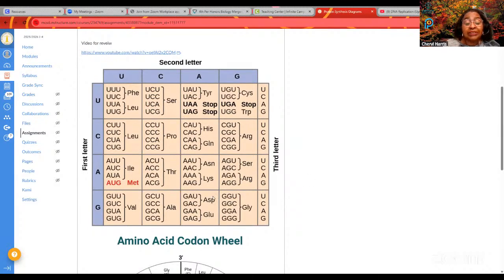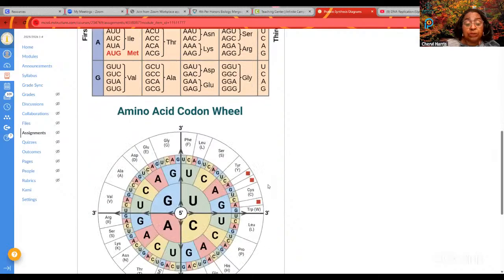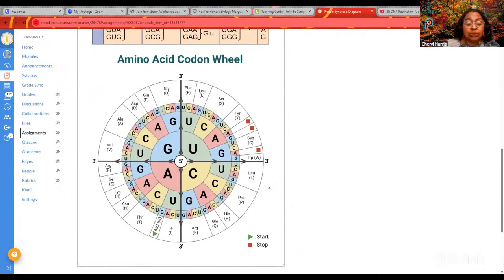All right, there's a second way to do this, and it's a wheel. I find the wheel is slightly more complicated than the box, but it works the same way. You start on the inside and move your way out. So same thing, if I said CCG, I would start with that C in the corner.